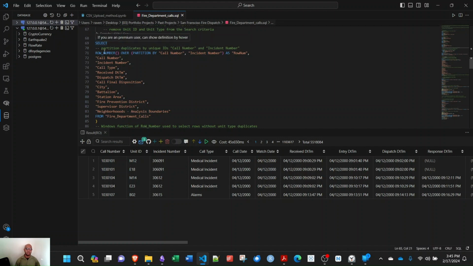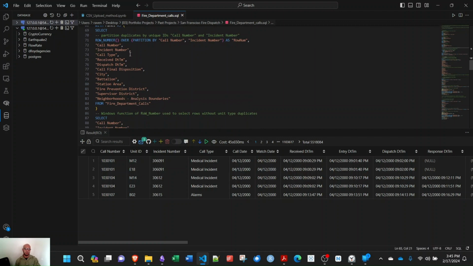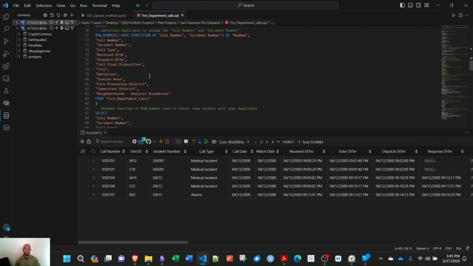I'm selecting my row number. I'm partitioning by those two unique IDs that I've decided to find duplicates on as row num. I'm selecting only the columns of interest, and I chose these from my Python project. Didn't want to reinvent the wheel here since I already knew what I was looking for.